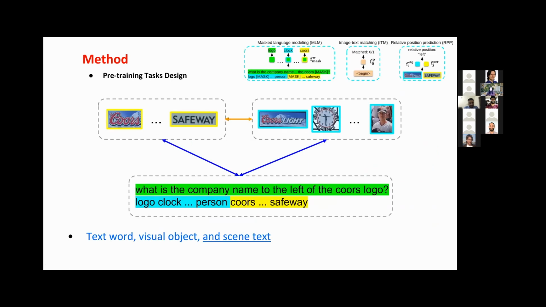Correspondingly, we design multiple pre-training tasks in order to align text word to vision image, shown in the blue arrow, and to align the object region and the syntax region, as shown in the orange color.